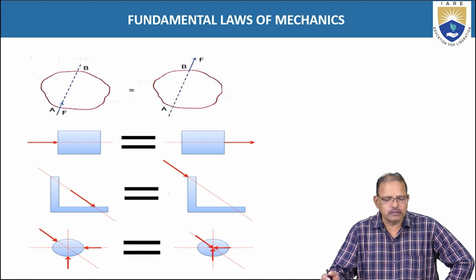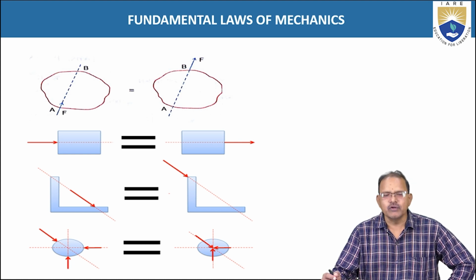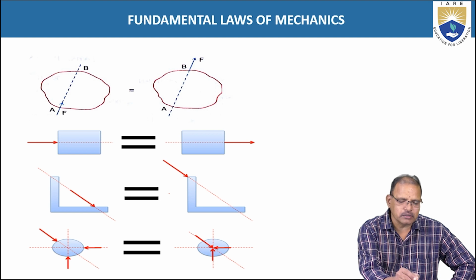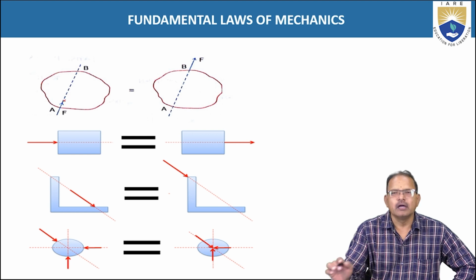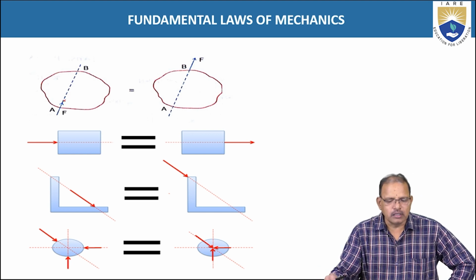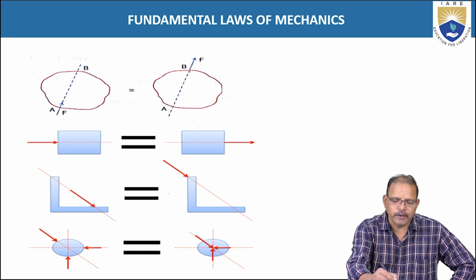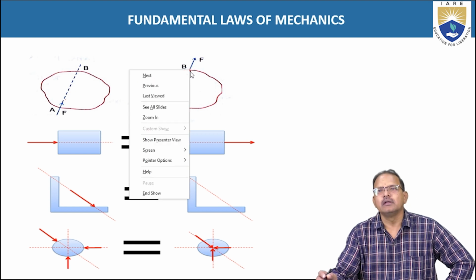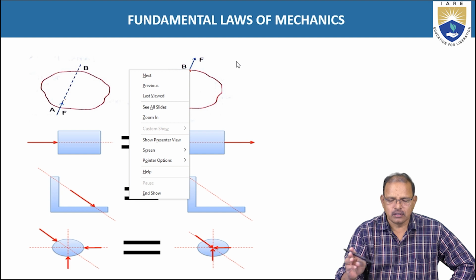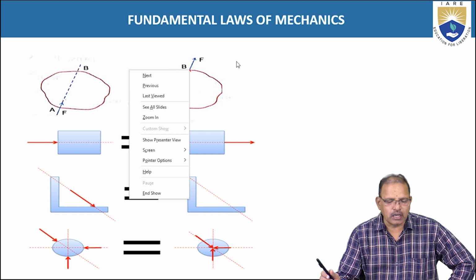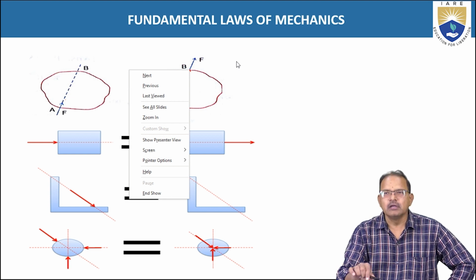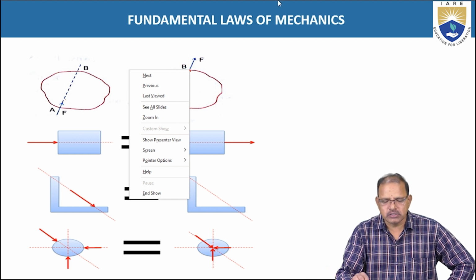For example, a force is acting at a point A on the body. If it is replaced at a point B along the line of direction AB, the effect of the force on the body will not be changed.